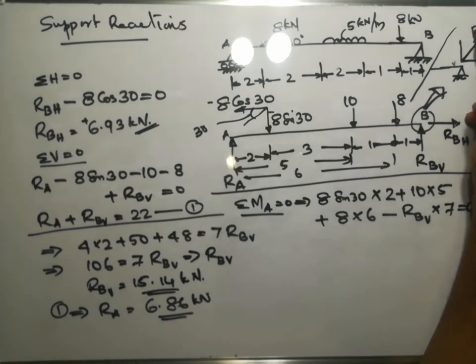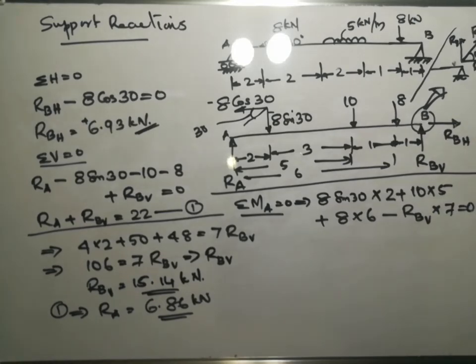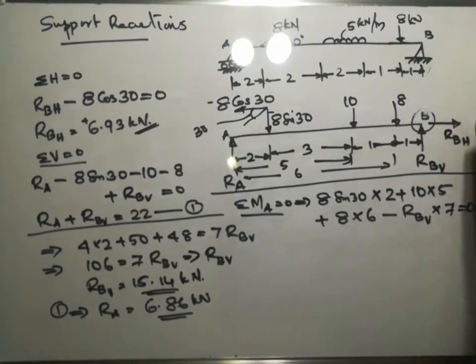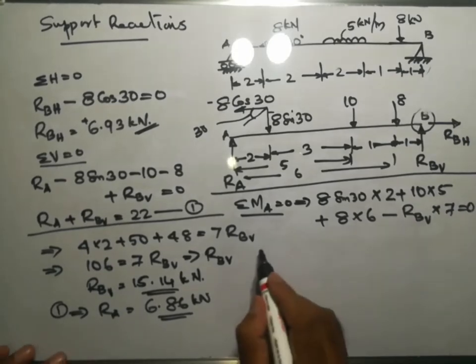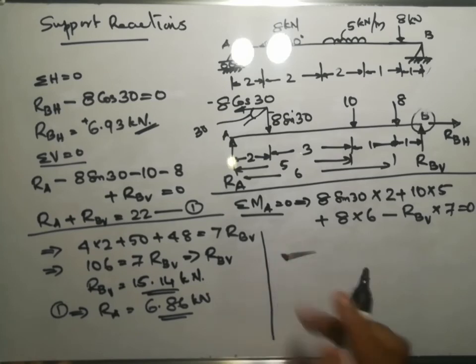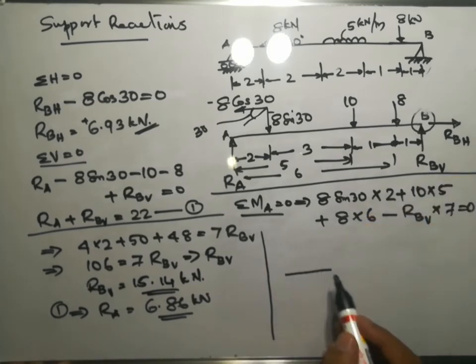So this is actually RB, this is RBH, this is RBV, at an angle of theta. Or I will draw it here. Assume that this is end B drawn in detail.